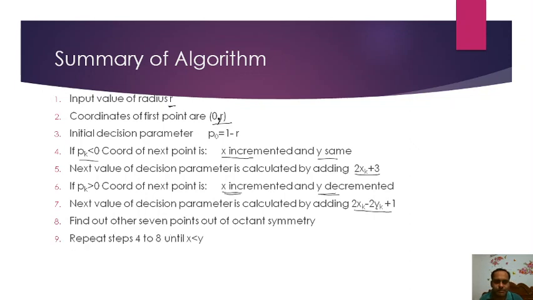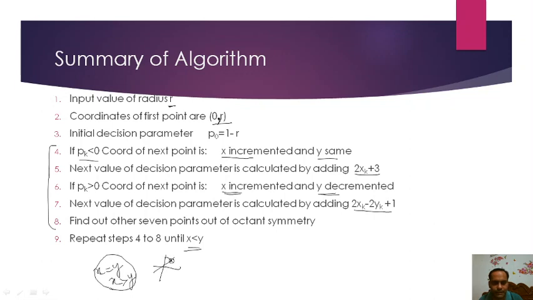and you have to repeat these steps from step number 4 to step number 8 until x is less than y. Whenever x becomes equal to y or x exceeds the value of y, this loop will stop, because by then we will have reached the point which was lying on this line.